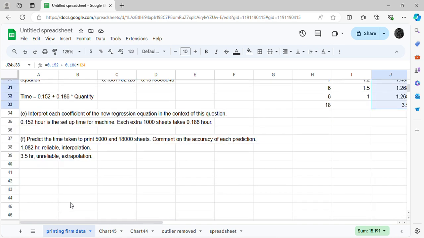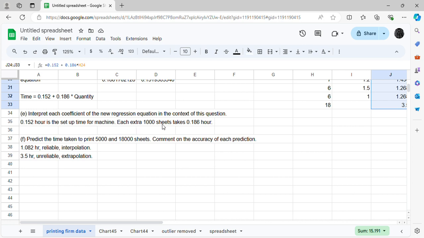Okay, so now we interpret each coefficient of the new regression equation in the context of this question. 0.152 hour is the intercept, and that represents the setup time for the machine.